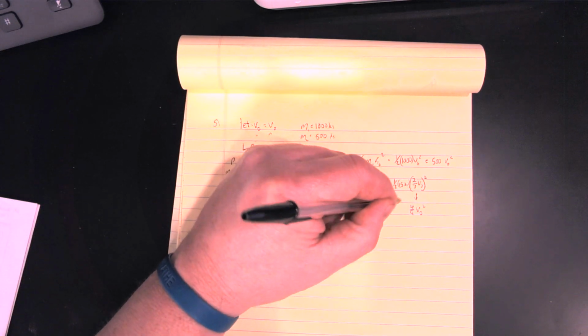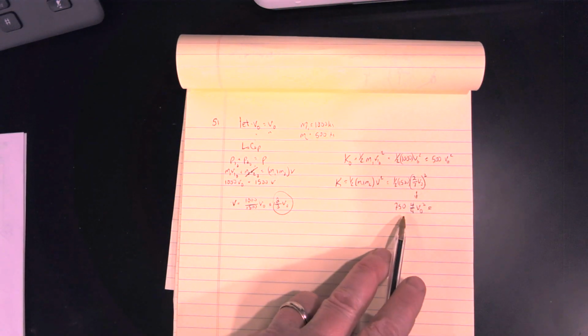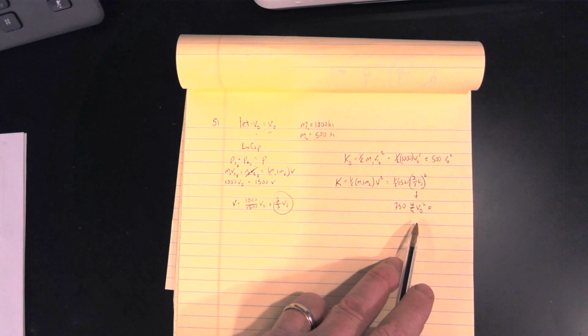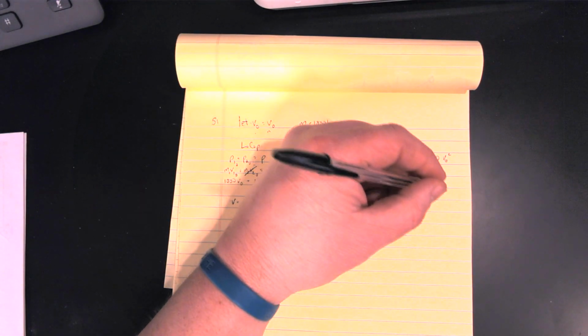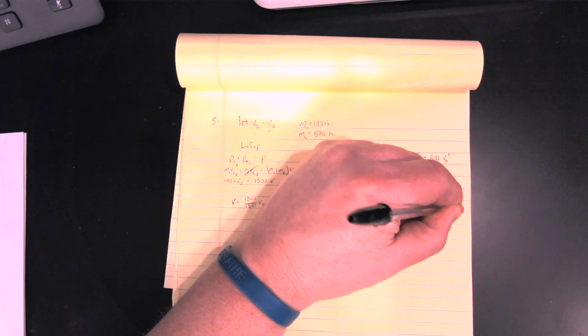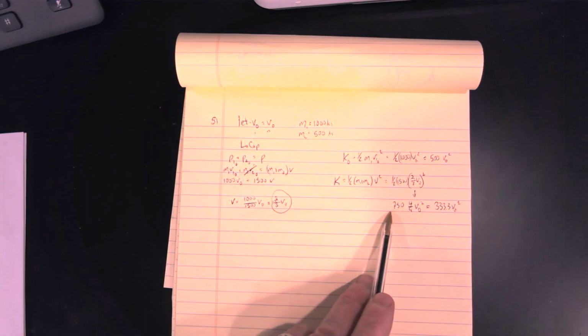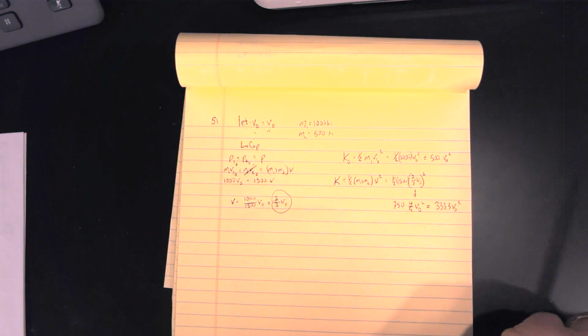And then the 1/2 of 1,500 is 750. If I combine these two together, 750 times 4/9 is going to give me 333.3 v naught squared. So we'll just take the 750 times 4, let me just double check that, and then divide that by 9.